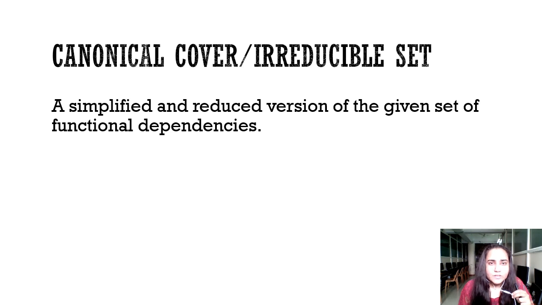So if you are given a set of 10 functional dependencies and you realize that some of those are not required because they can be deduced from the ones that are already given to you, you remove some of the dependencies and form a set from which you can no longer reduce anything. That is called a canonical cover or an irreducible set of dependencies. It's the same thing. So we are going to calculate this using Armstrong's axioms.